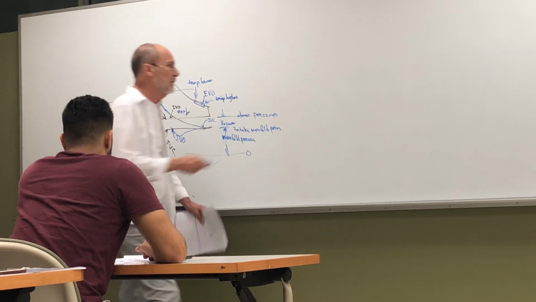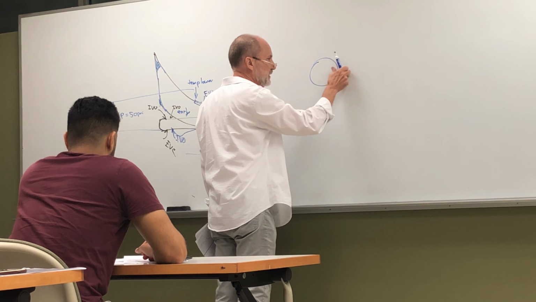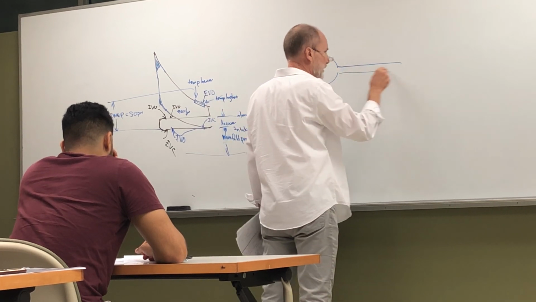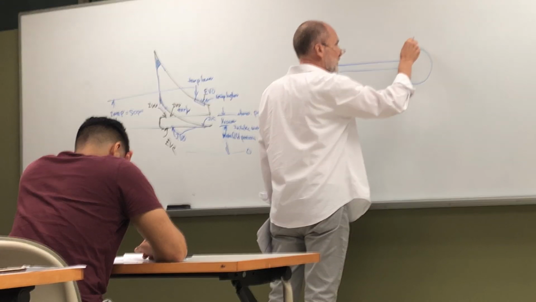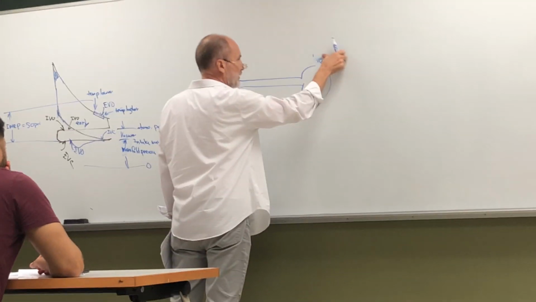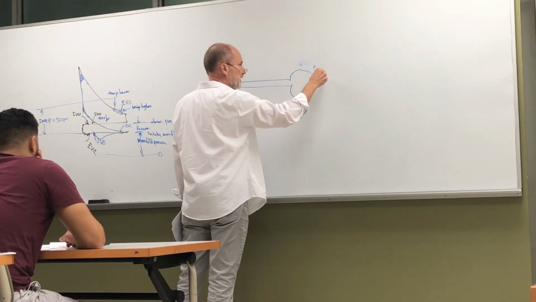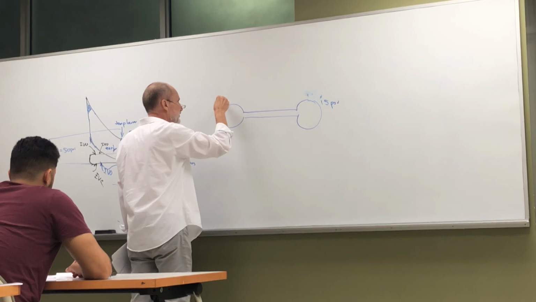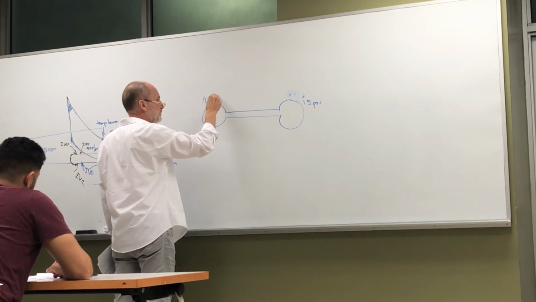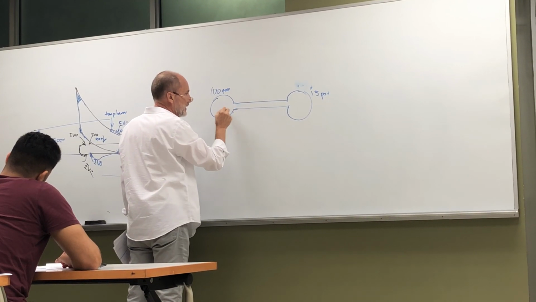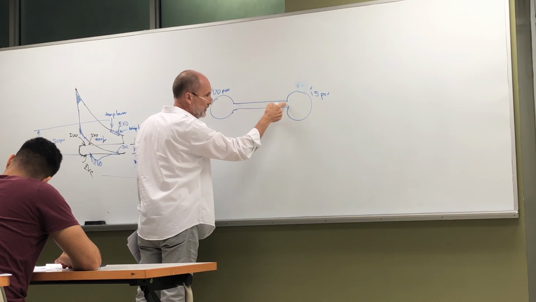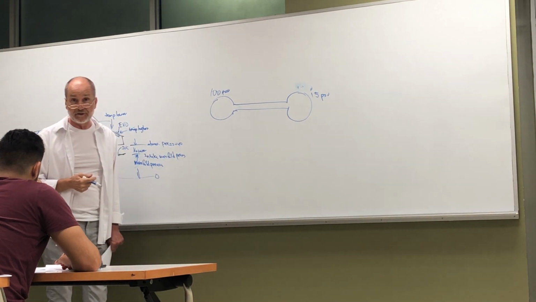Okay. I have 2 containers, and this one is low pressure. Let's put a number on it: there's 15 psi initially, and here's 100 psi. The gases that go through here cannot go faster than the speed of sound.